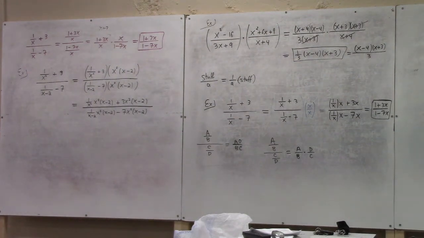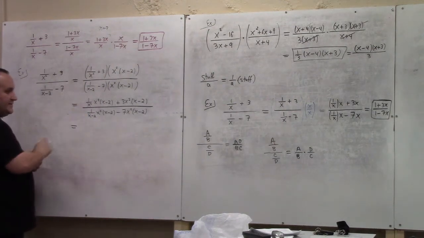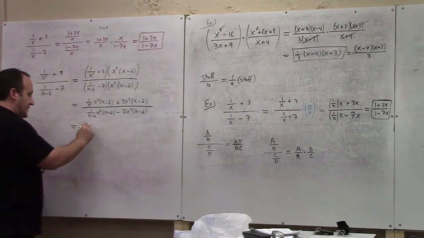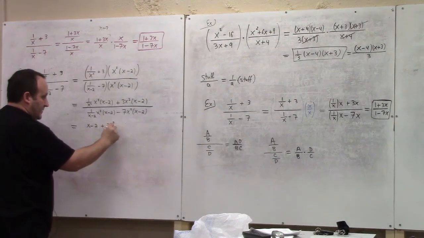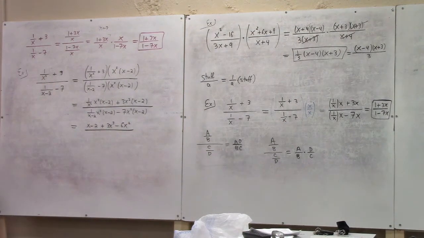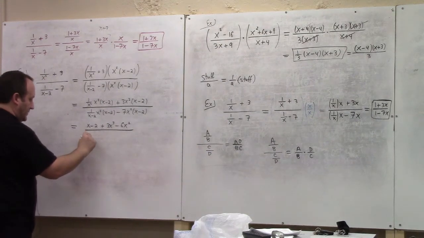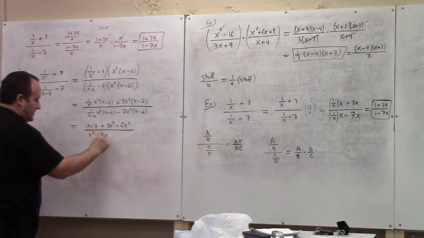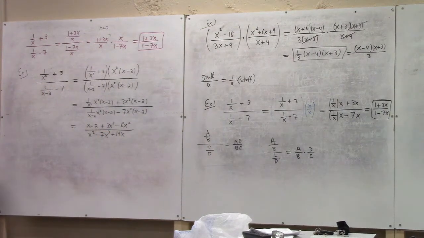And of course the cancellation is different upstairs and downstairs. Upstairs the x squareds cancel, and we're left with x minus 2 plus 3x cubed minus 6x squared. Downstairs the x minus 2 cancels, and we're left with x squared minus 7x cubed plus 14x squared.